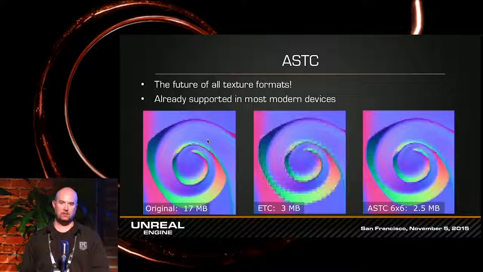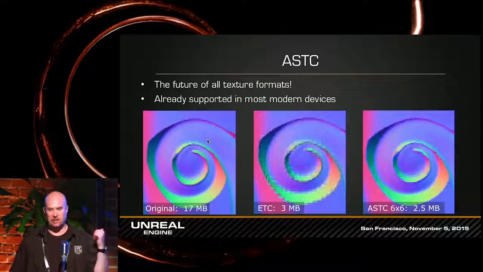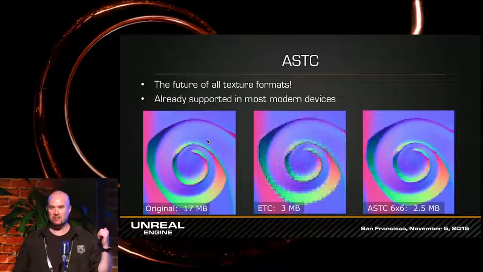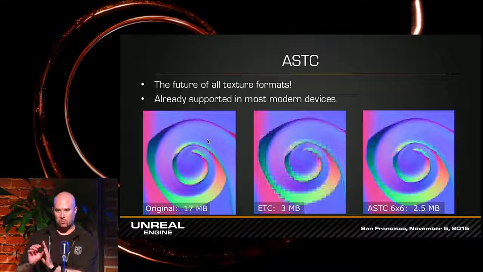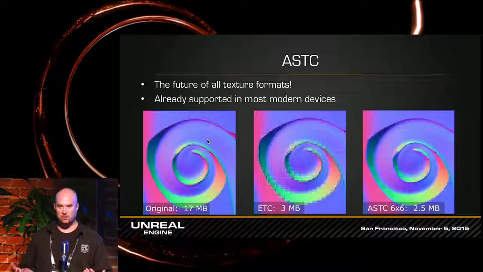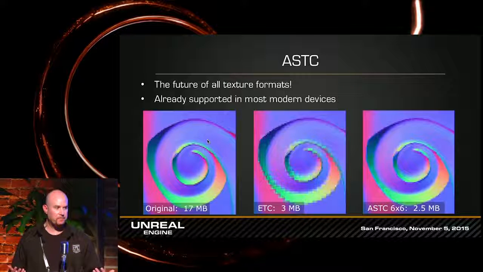But the future looks brighter, or much bluer in this case. This is a normal map, which comes from our Sun Temple sample in UE4. I've zoomed in on one spot just to show you how important it is to select a good texture format. There's a new format called ASTC.